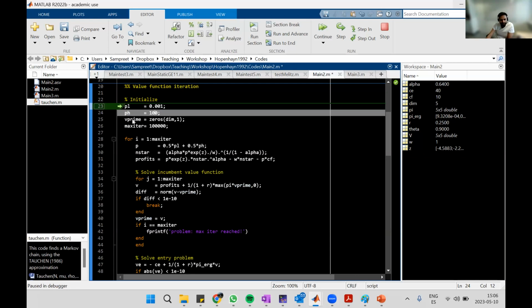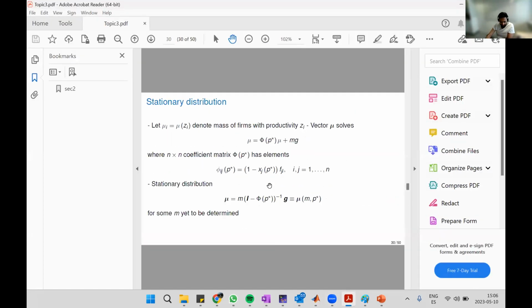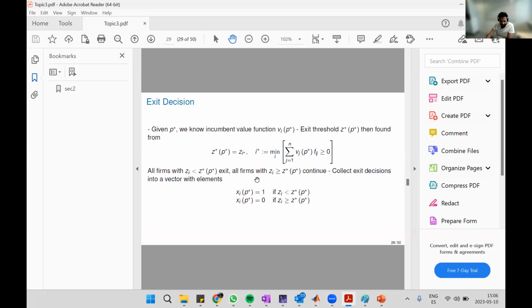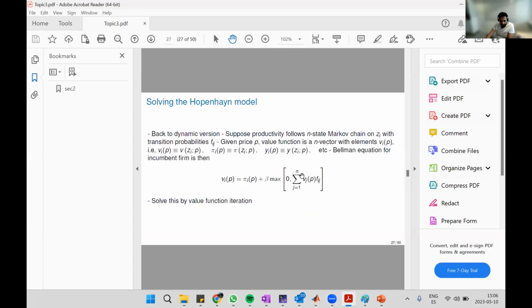Then I'm defining V prime, the continuation value. Remember, I don't have the continuation value, so I need to guess it. I told you that I will use value function iteration, which means I need to guess it.